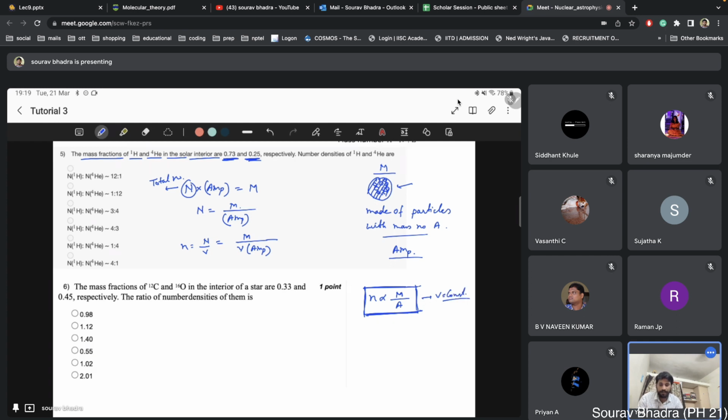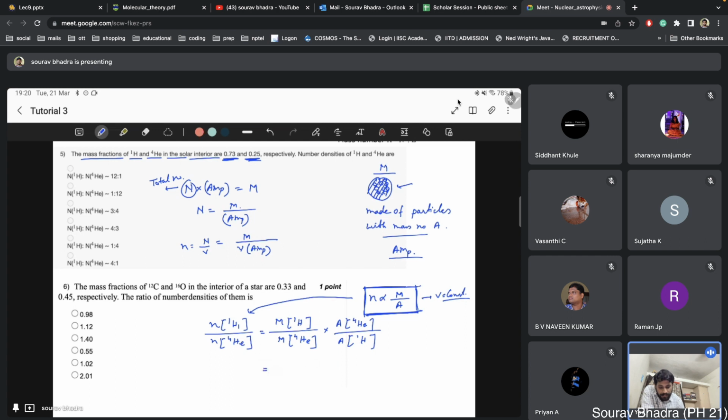So from this you can write the number density, not number, of 1H1 by the number density of 4He as mass of 1H by mass of 4He times A of 4He by A of 1H. I have just written this from the equation, the number density of hydrogen with the number density of helium.